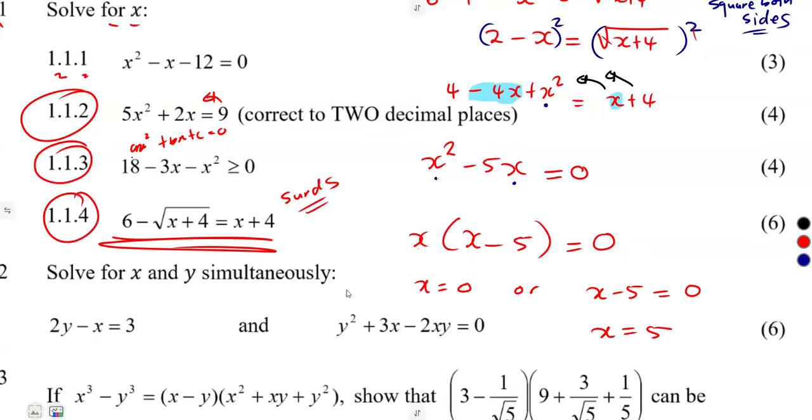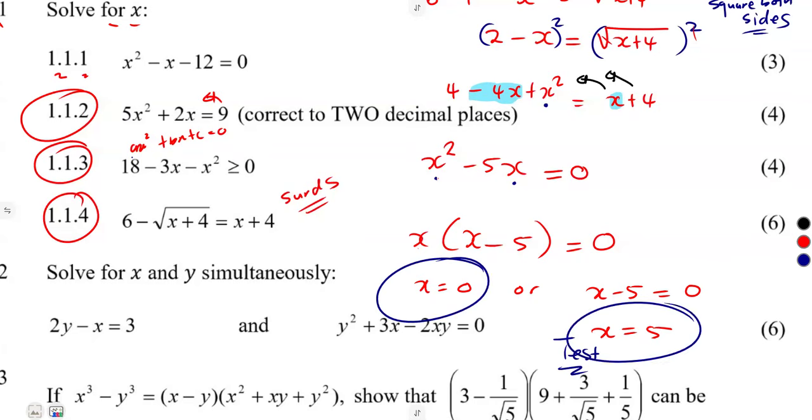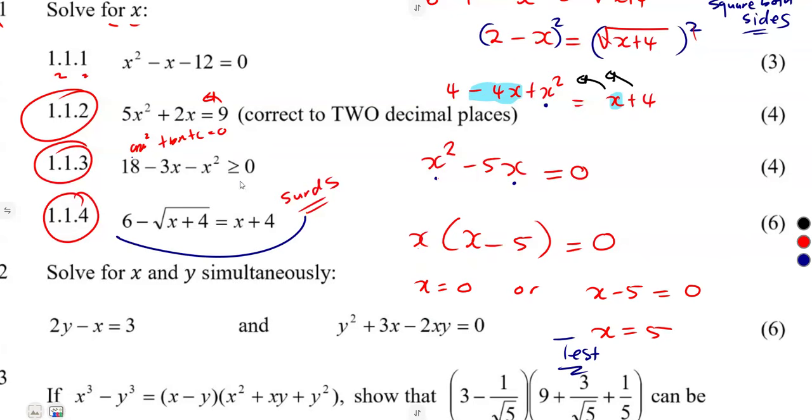Remember, this is from a set. You are supposed to test these values that you have obtained, where x is 0 and where x is 5. Let us test. You simply put back into the original equation, the question that you're given. In place of x, when x is equal to 0, put a 0 here, put a 0 here.